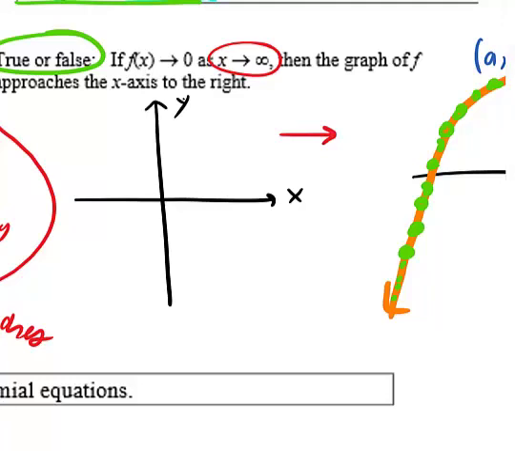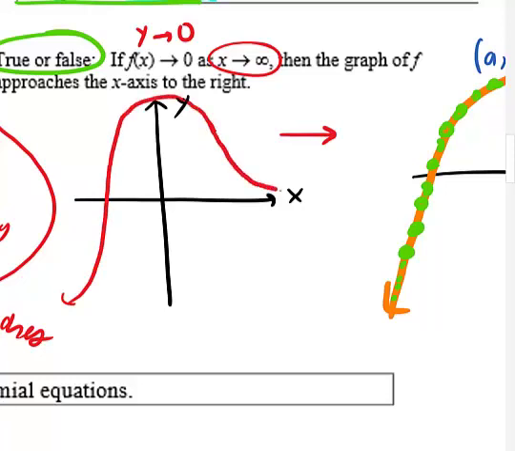If f of x goes to 0, and f of x, remember, is the y value, so y is going towards 0 as x goes to infinity. I don't know what your function looks like, but maybe it's going towards a y value of 0, so it's narrowing in on the x-axis like that, because that means as you're going towards the right.